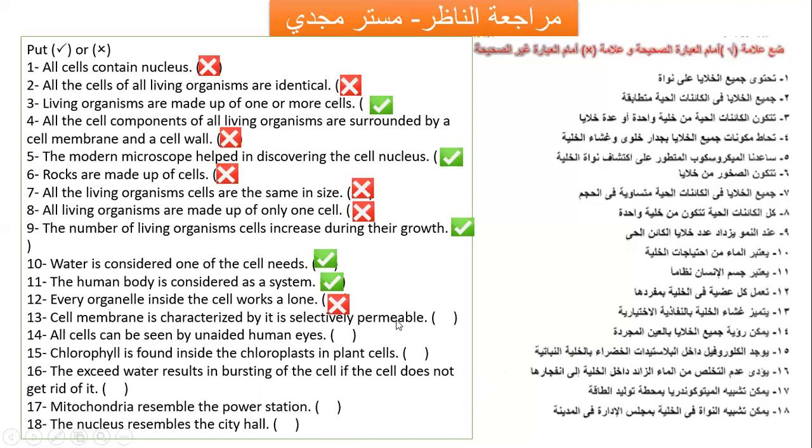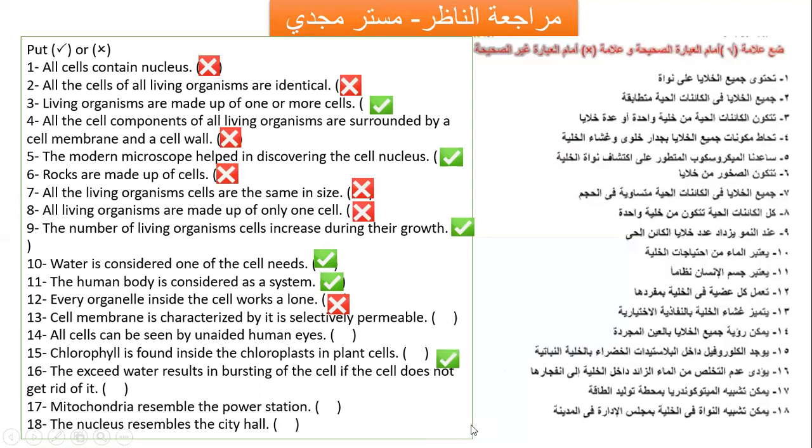Yes, we said selectively permeable means that the cell membrane allows some substances to enter the cell and other substances to leave the cell. It allows water to enter the cell and allows some water to leave the cell when water is too much or increases inside the cell. So yes, the cell membrane is characterized by selective permeability.